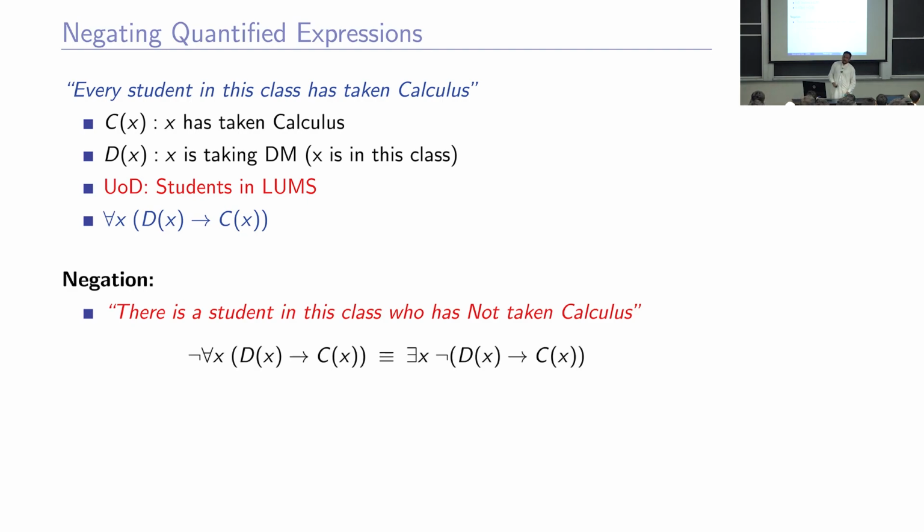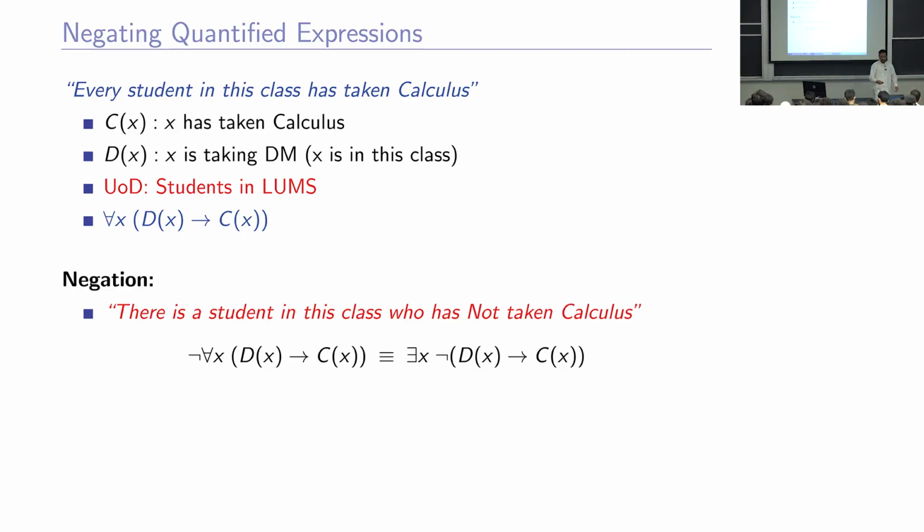So I want to negate this: not for all x, d of x implies c of x. The previous rule said flip the quantifier, negation goes inside: there exists an x, for someone this statement is not true. It is not the case that this statement is true for everyone.